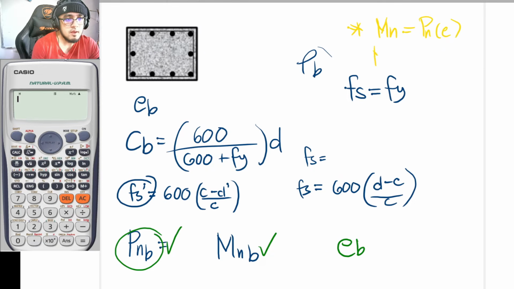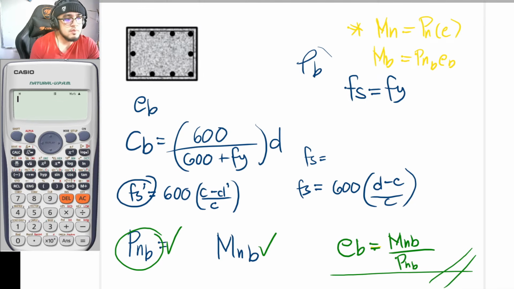With that, Mnb is equal to Pnb times eb. Cross multiplying, your eb is now equal to Mnb divided by Pnb, or P balanced.